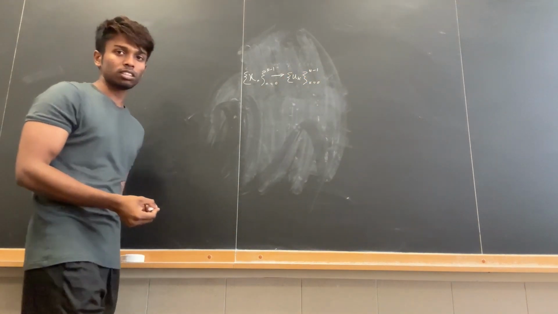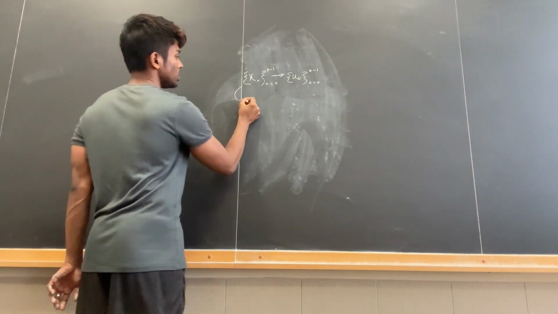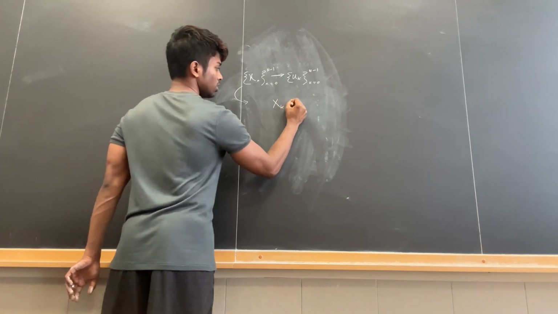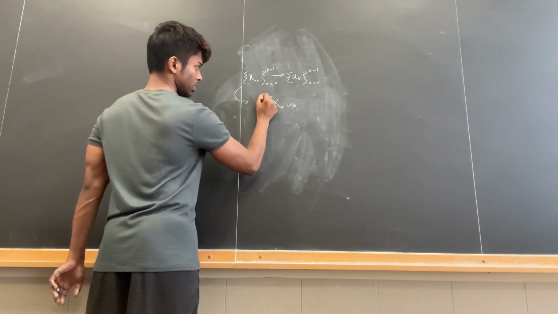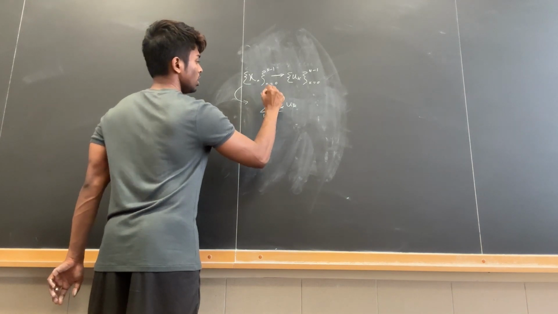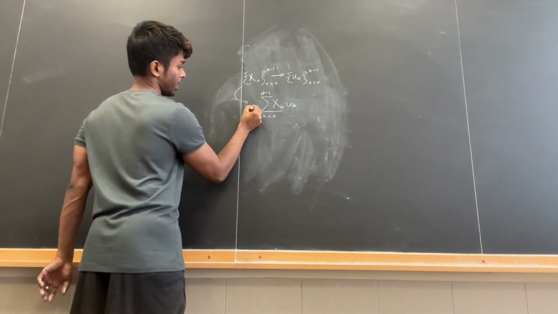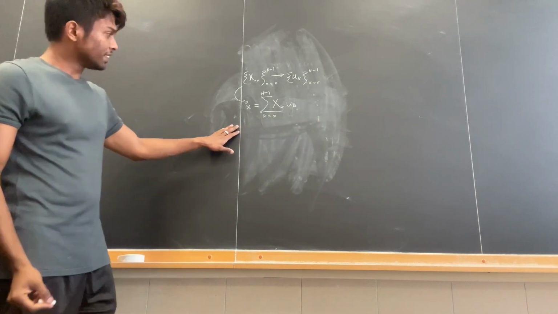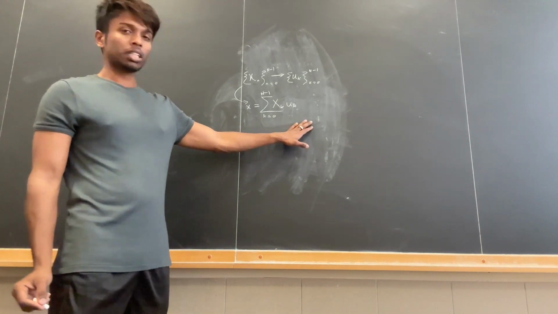How do we expand these vectors? We can expand these vectors with some expansion coefficients X_k multiplied with u_k and taking a running sum over k equal to 0 to N minus 1. So we can approximate x as this. So this is the basis expansion of the vector based on the inner product.